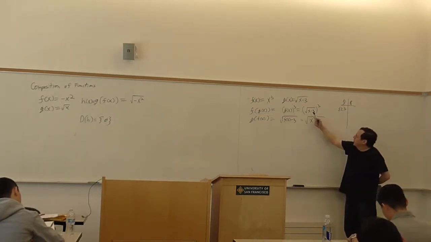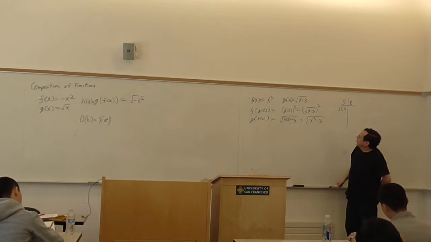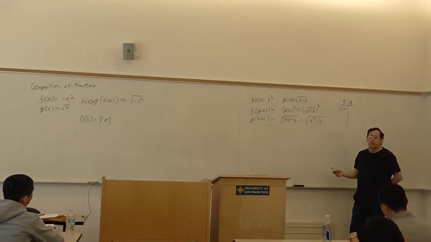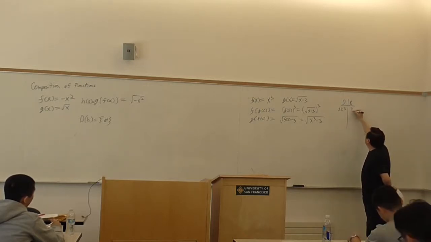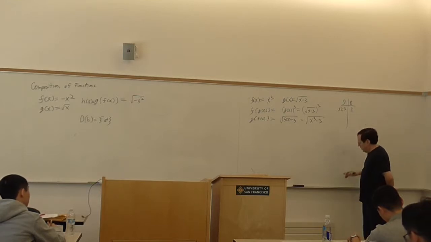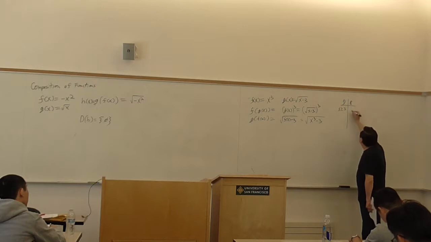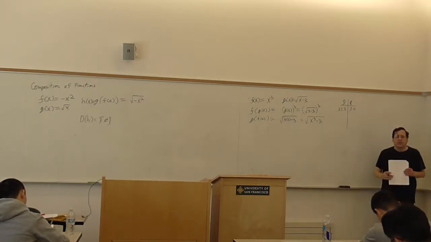Okay, so if x is greater than or equal to 3, what happens here? What kind of values do we get out of the square root? We get positive values. So when we cube them, our range is going to be greater than or equal to 0. Right.